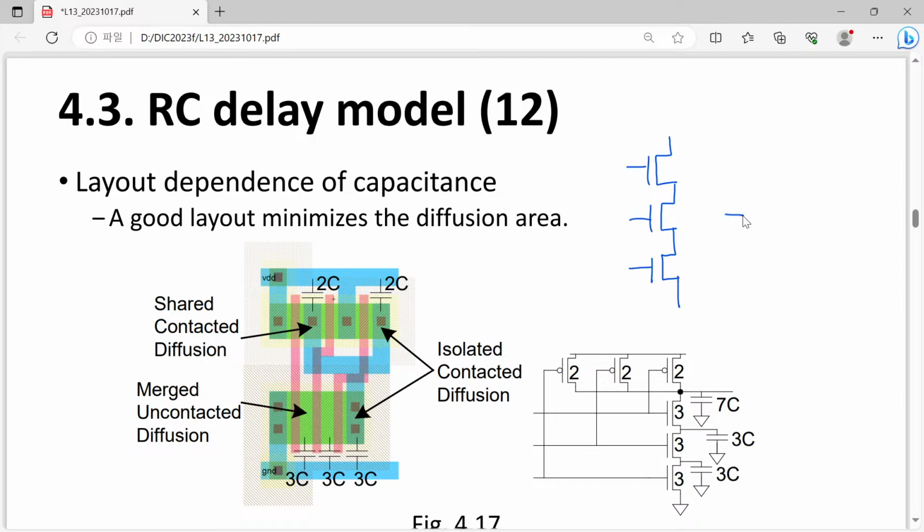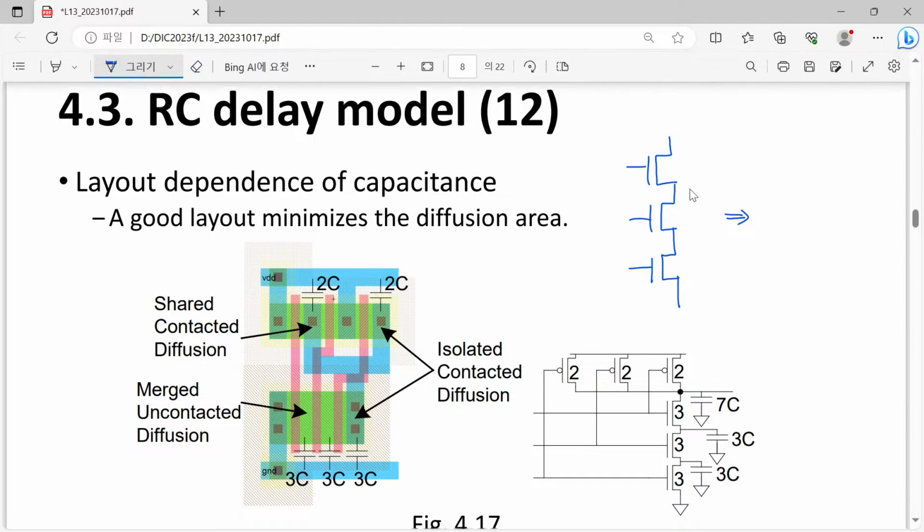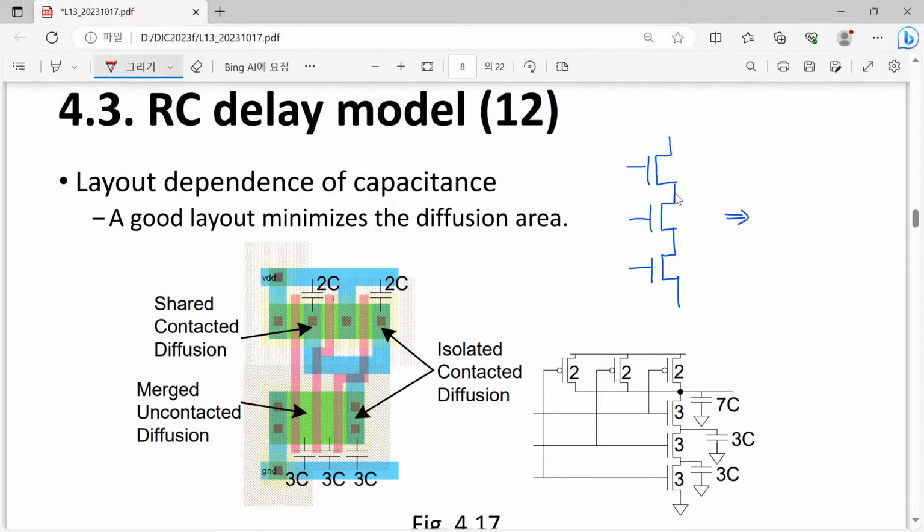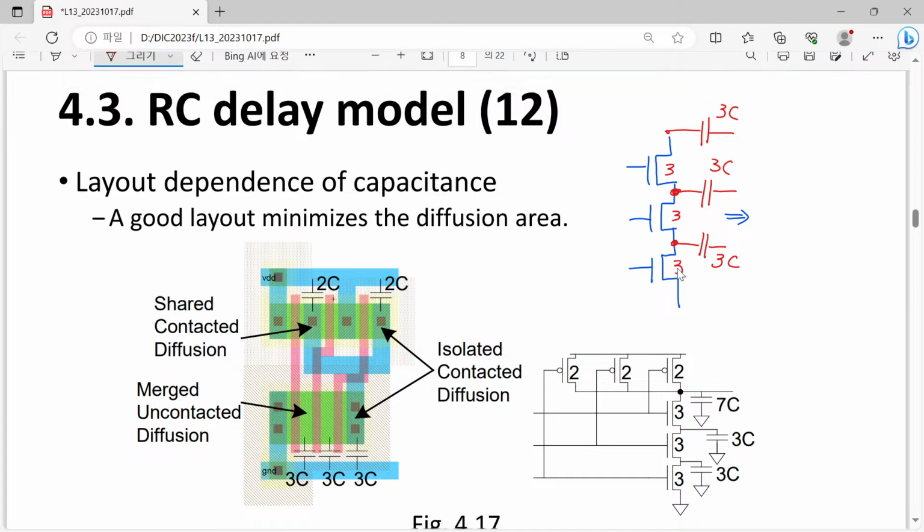And what was our estimation for R at the time? If we have a certain number, please note that at the time we said there is a certain capacitance, 3C and 3C, and also we have 3C component out of this 3 times wide, 3 times wide, and 3 times wide NMOS transistor.